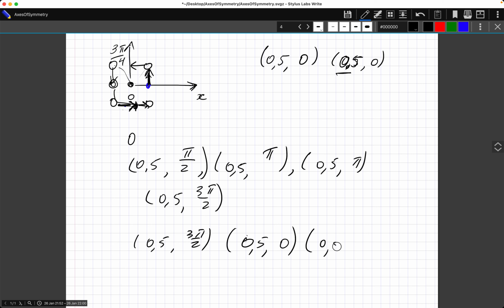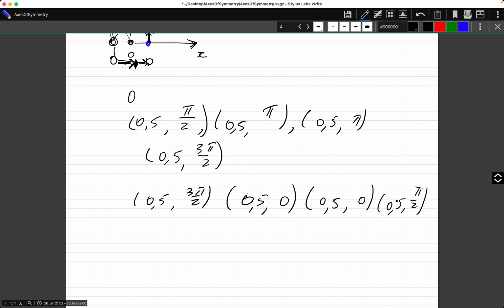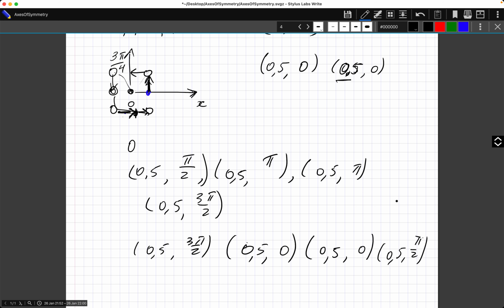Then once again a half, then 0, and then we got the same angle as in the first point. So it's a half and π/2.